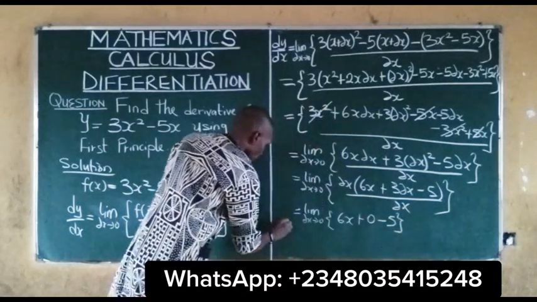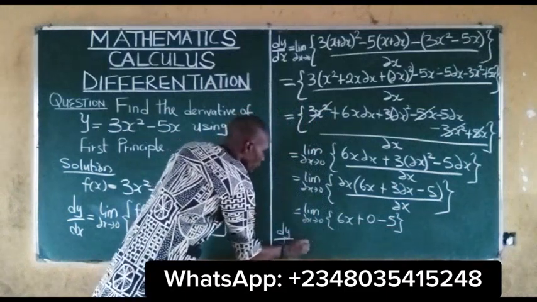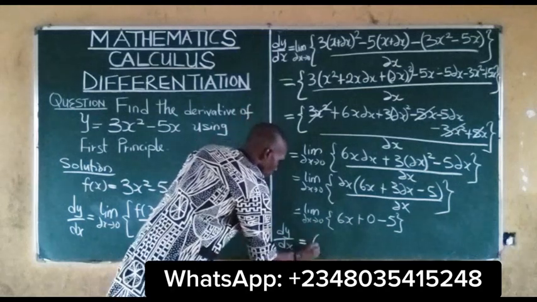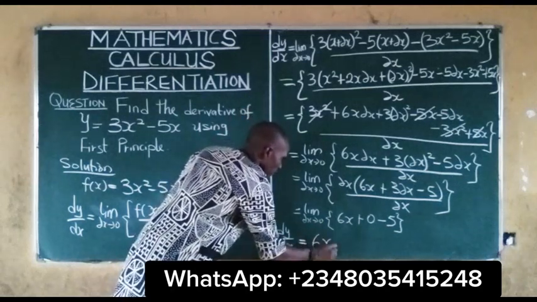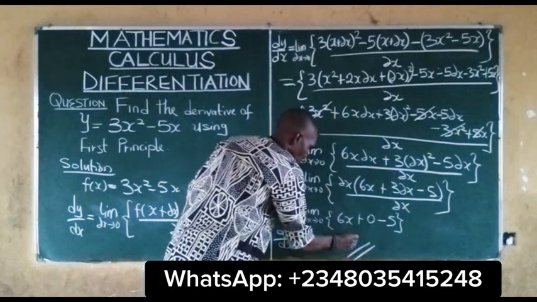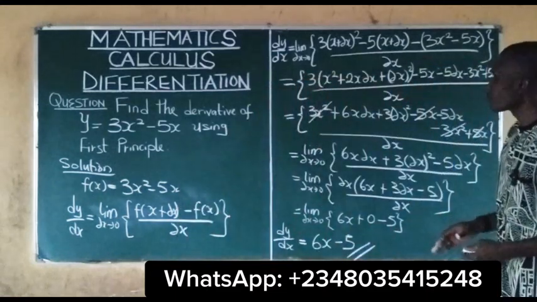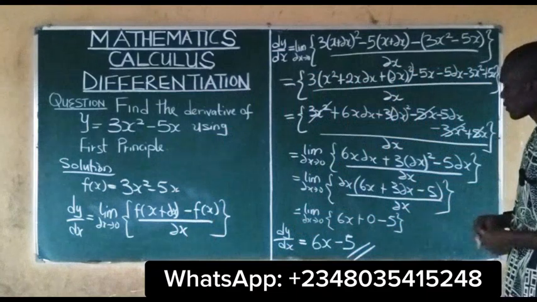So this is what you are left with. It then means dy over dx is equal to 6x minus 5. So this is how we can compute first principle derivative.